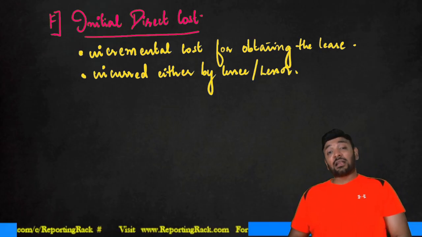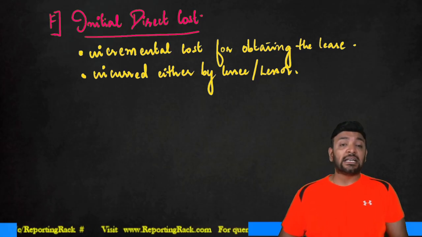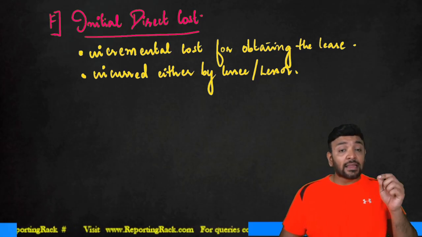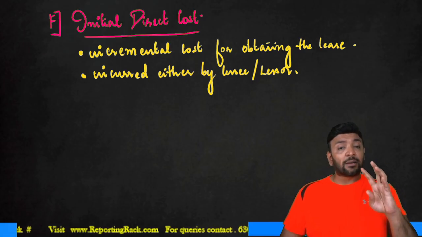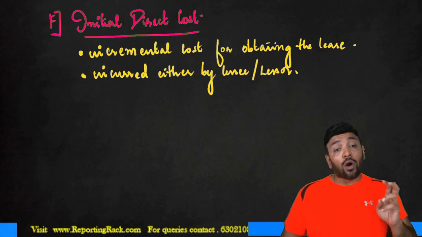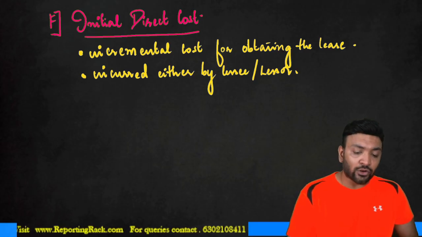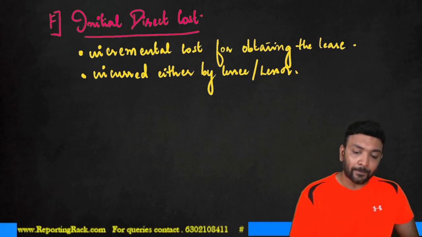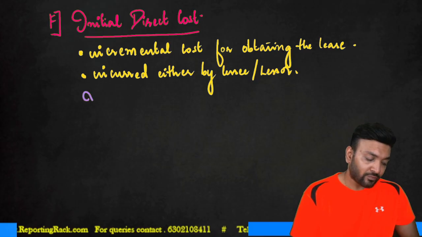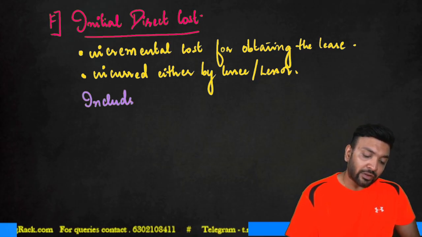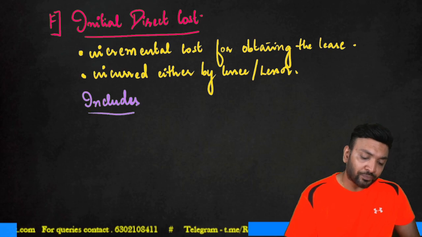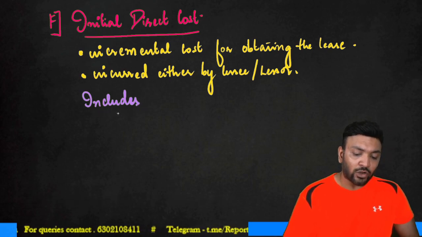Can you tell me what are the inclusions of this initial direct cost of a lease? They are incremental direct costs of obtaining the lease incurred by the lessee or the lessor. What are such costs? Inclusions. What do they include?